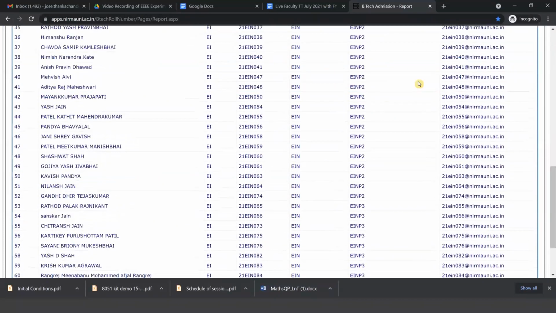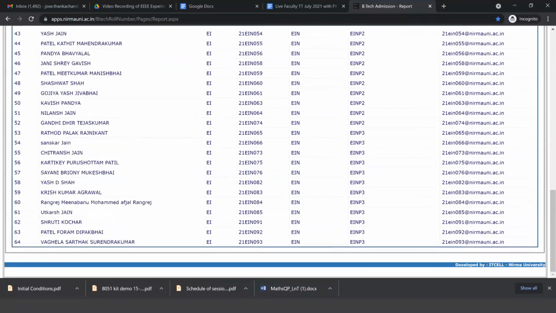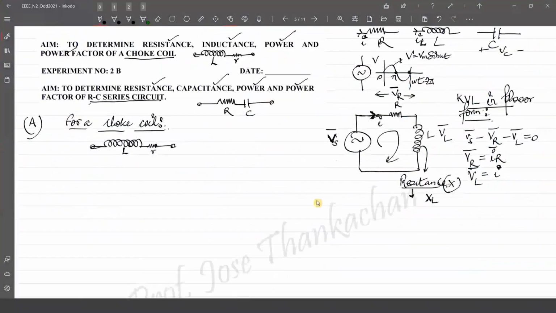Now let us come back to the experiment here. Is the screen visible to everyone? Yes, sir. Sir, sorry to interrupt. Yes, what happened? Sir, since I joined late, my attendance will not be reduced, right? Roll number 35? Look, I joined your class late because I was attending Swati ma'am's class due to the confusion; she was teaching something about code blocks. Look, that is all right.